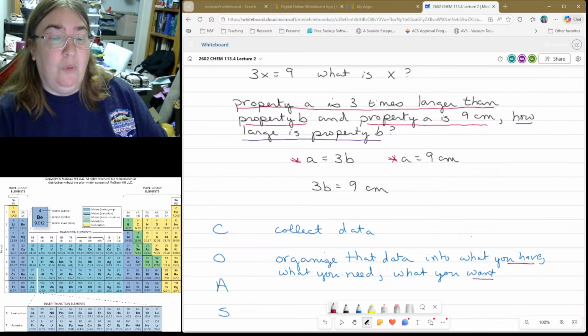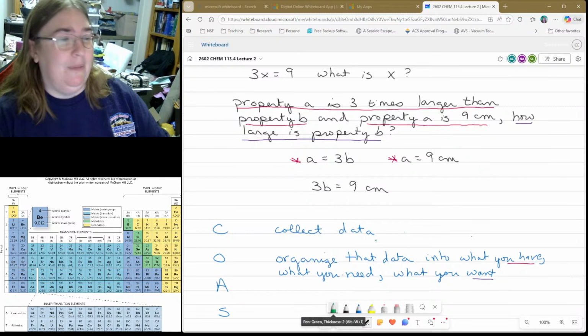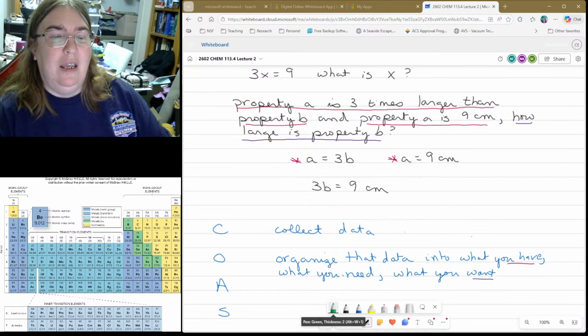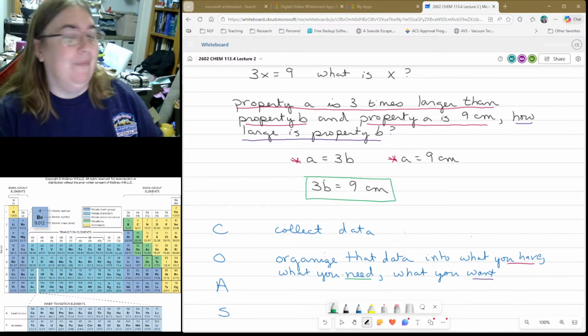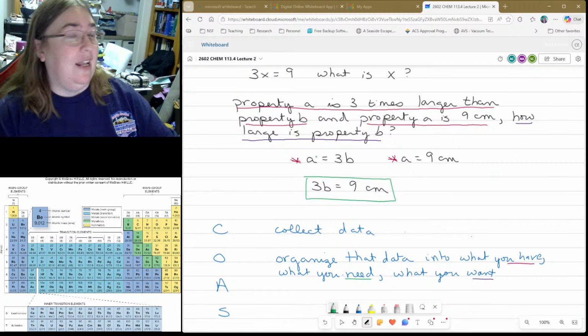And then what I needed, which is where the algebra comes in since you were asking, what I need is this relationship, which I developed from the two things that I have.